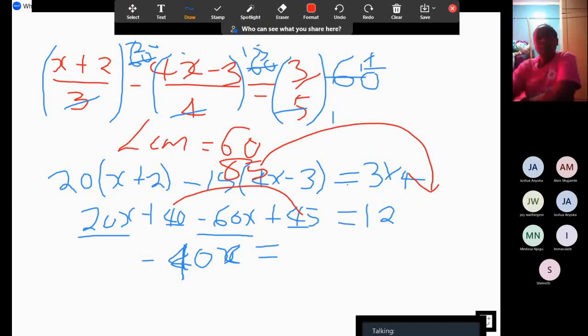And it becomes what? It is a minus 12. 85 minus 12.